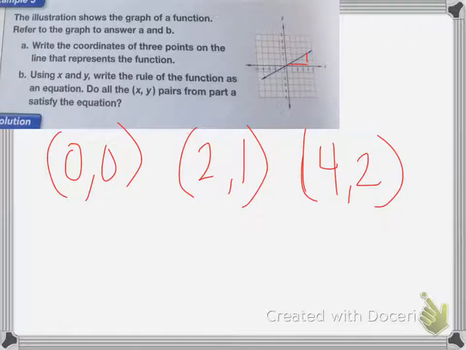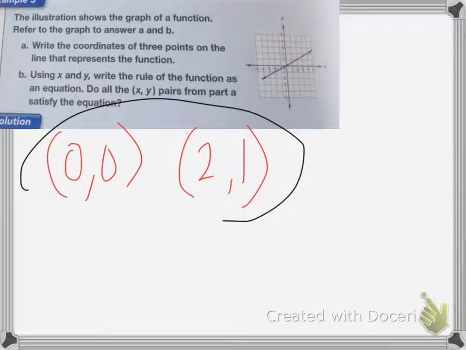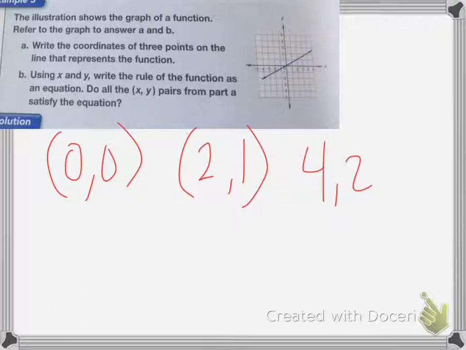So those are just 3 points that I chose. I could have chosen points in the negative, and there are lots of other points I could have chosen. But it's easier to use whole number pairs. This one was 4, 2.